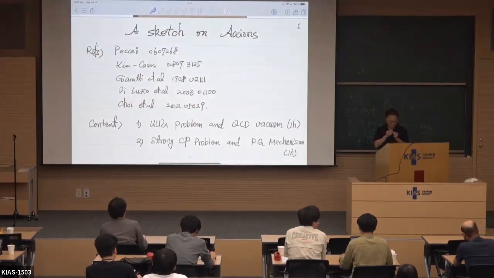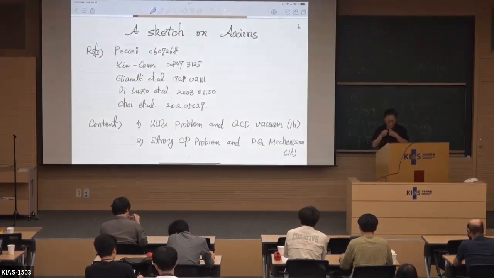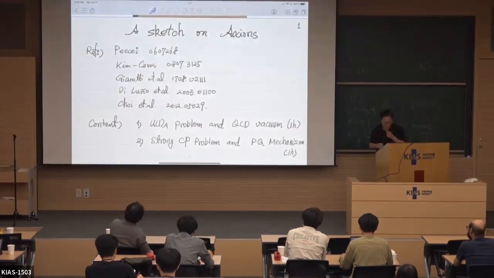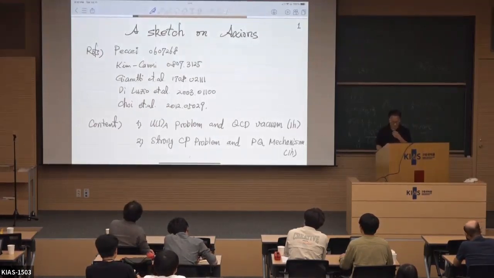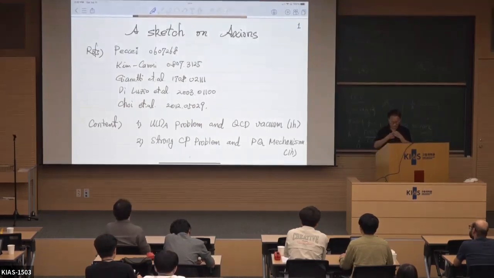And then, of course, recently axions became a trend, so there appeared many review papers. Probably one of the classic reports was made by Kim and Carosi, 2008, a long time back.